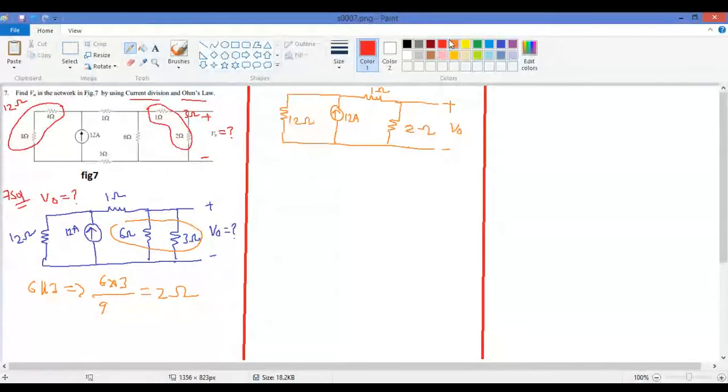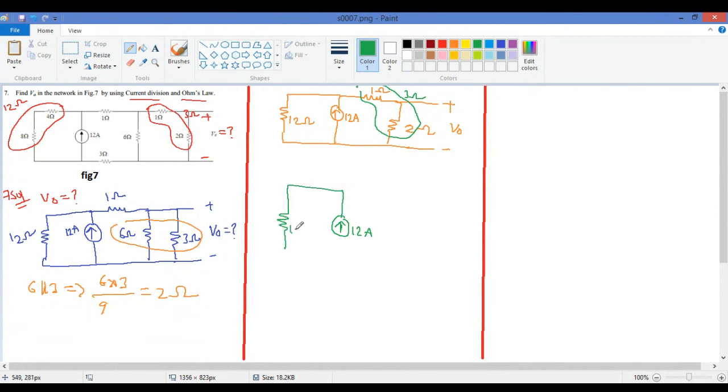Yeah. Then next, you can observe here they are in series, correct? So this will become 3 ohms. So if it becomes 3 ohms, it's very simple that you have 12 amperes of current going.